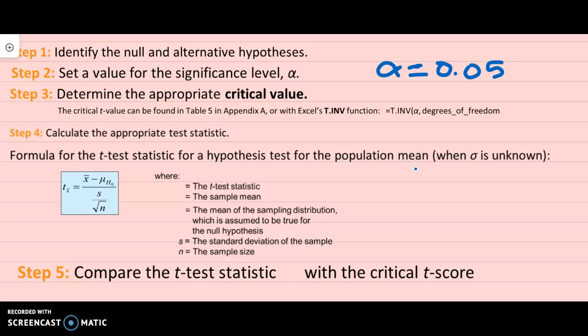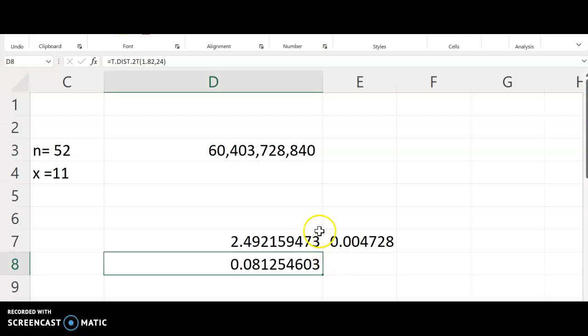Well, our sample was 25, so our degrees of freedom would be n minus 1, so 25 minus 1 would be 24. So our degrees of freedom is going to equal 24. Those are the two pieces of information that we need to use Excel.